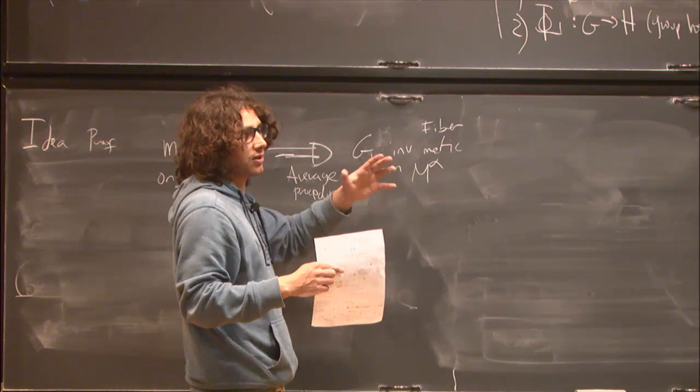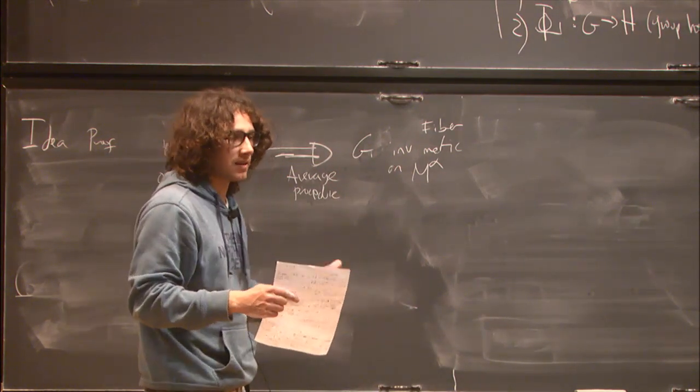If you have a finite group, you can always average a metric and obtain an invariant metric.